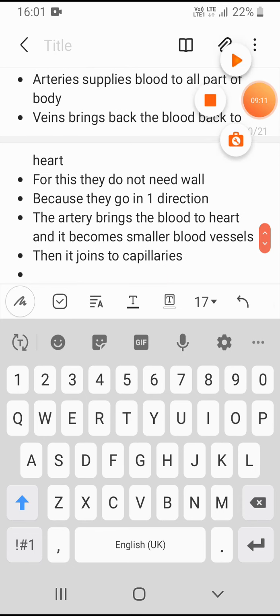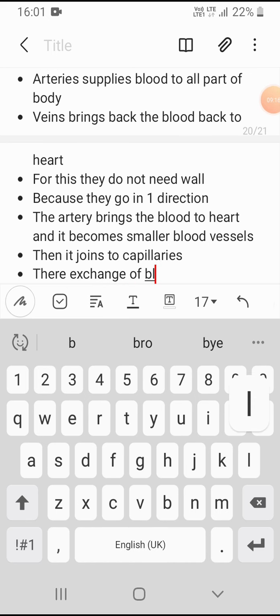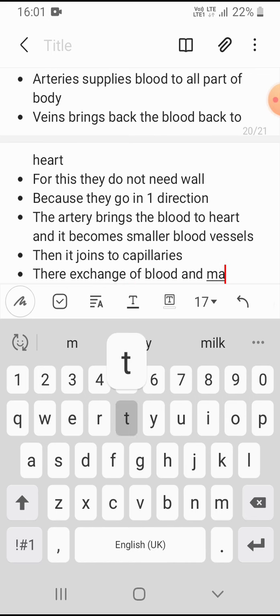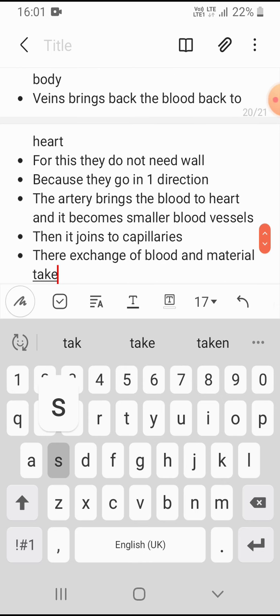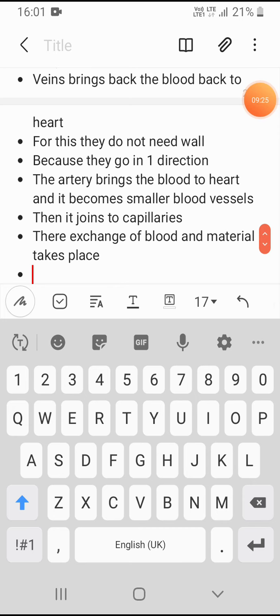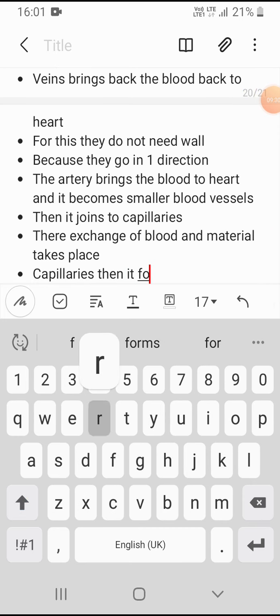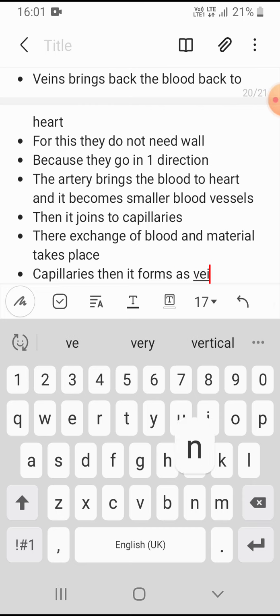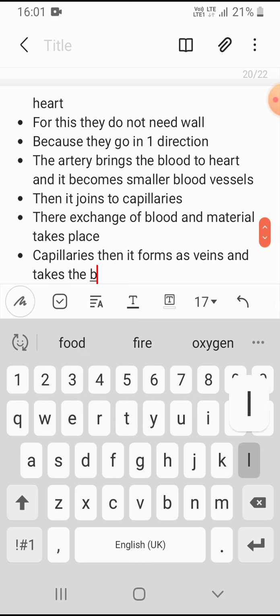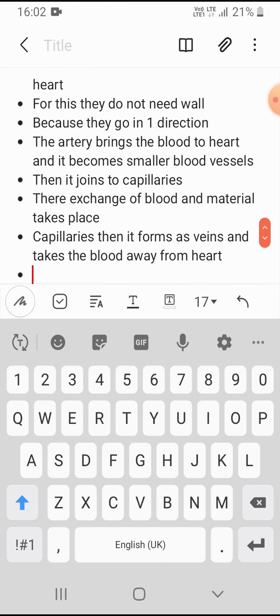The exchange of blood and material takes place in this gap, or in this joint. Capillaries then form veins, and take the blood away from the organs, back to the heart.